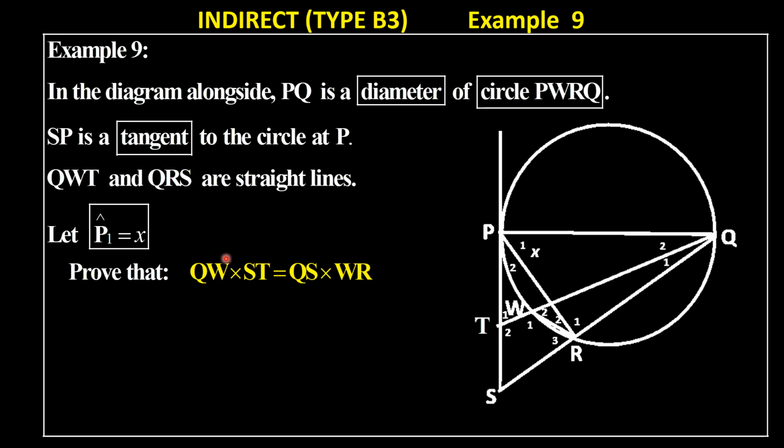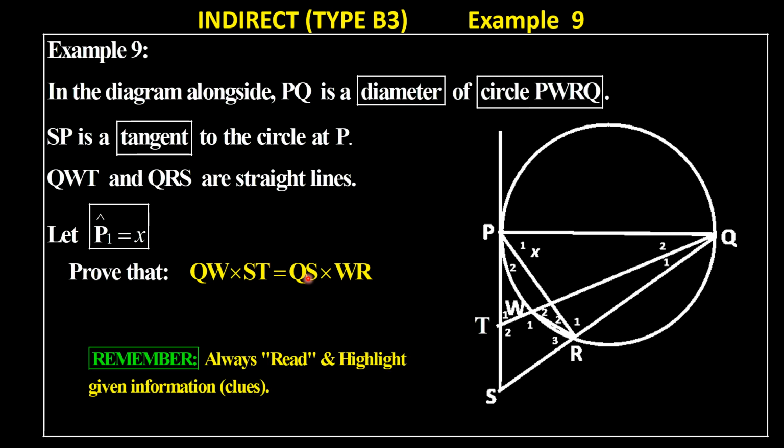So this is the proportion written in this form. Always remember to read and highlight the important parts. It's mentioned that PQ is the diameter, so angle in a semicircle is going to be used there. And then we've got a tangent, so we have to use our tangent theorem, the tangent chord theorem. And don't forget that a diameter is also perpendicular to a tangent.